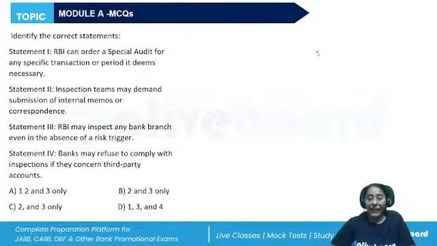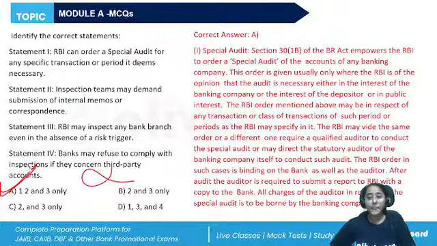However, when this notice or order is given by RBI, banks cannot refuse to comply with the inspections. So 1, 2, and 3. Banks will have to follow the orders and conduct the inspection or the special audit. All right. So 1, 2, and 3 are correct and 4 is incorrect.